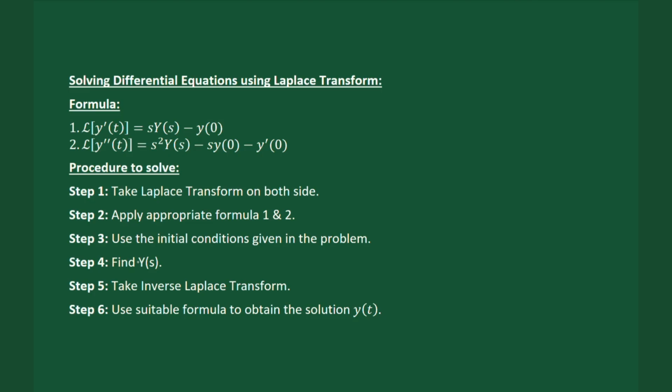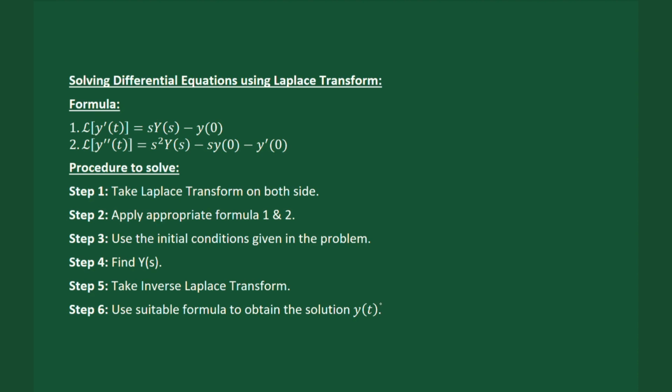Next step 4. From that we have to find Y of s. And then step 5, after getting Y of s, we have to take inverse Laplace transform on both sides. Then step 6 is we have to use the suitable formula to obtain the final solution y of t. So this is the procedure to solve the differential equation using Laplace transform.